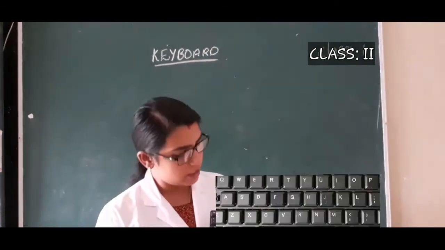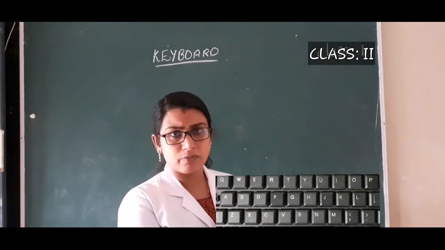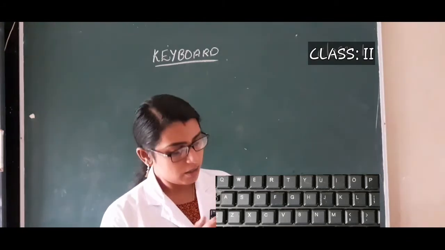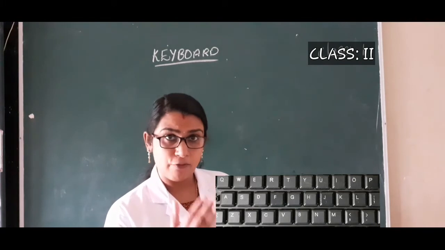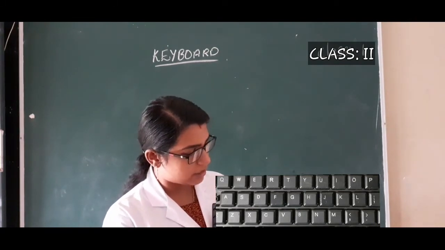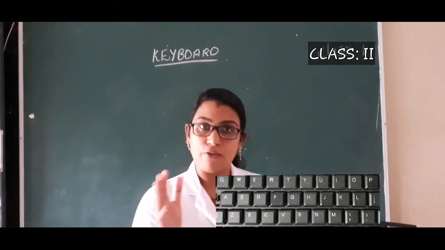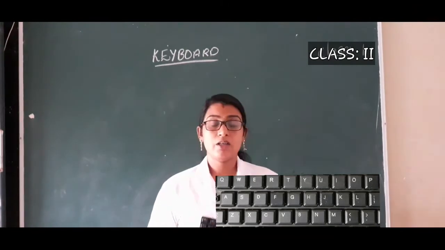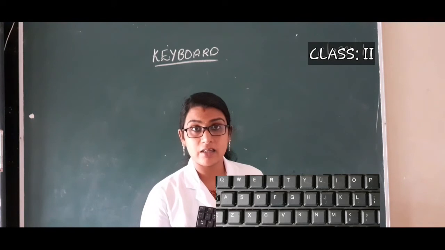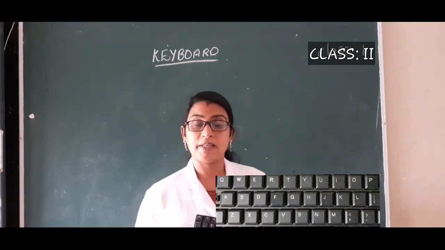But here we can see that the alphabets are not in order. It is not in order like A, B, C, D. The alphabetic keys are given like Q, W, E, R, T, Y, U, I, O, P. So the keys which show the letters A to Z are known as alphabetic keys.